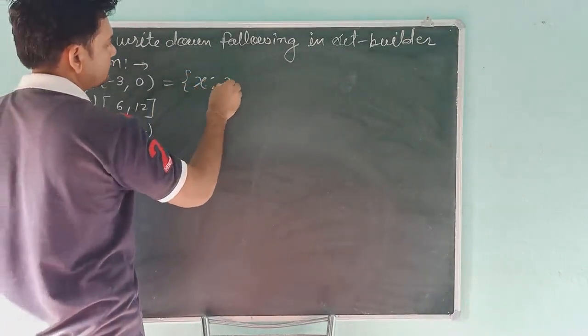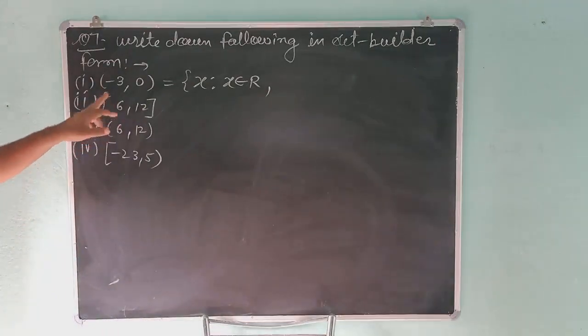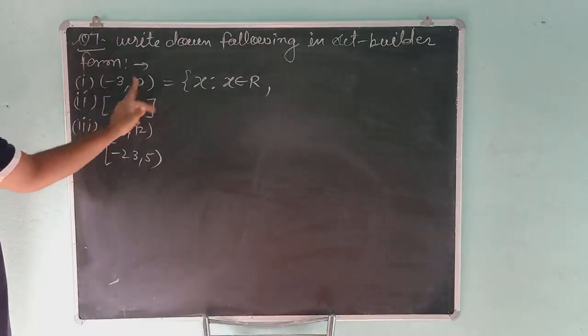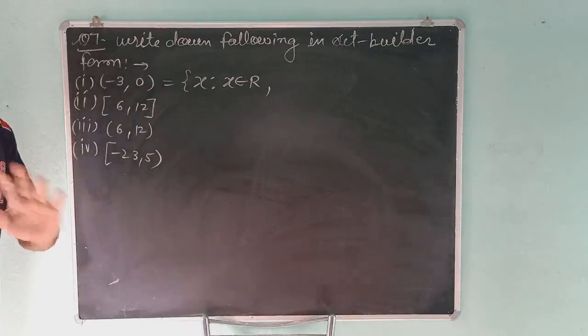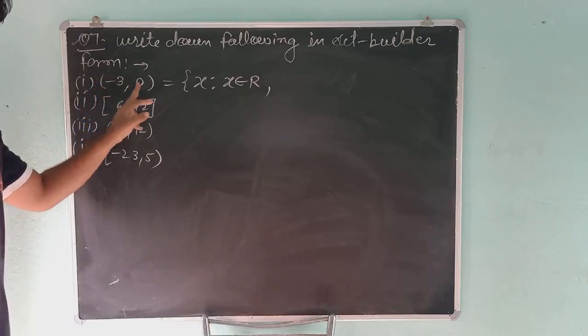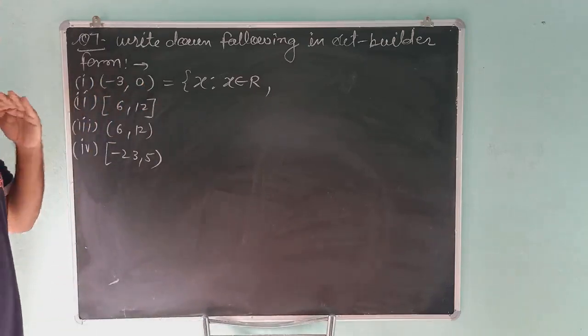X such that X belongs to R. Okay students, here you can see -3 and 0. There is an open interval on both sides, so you will not put equal.